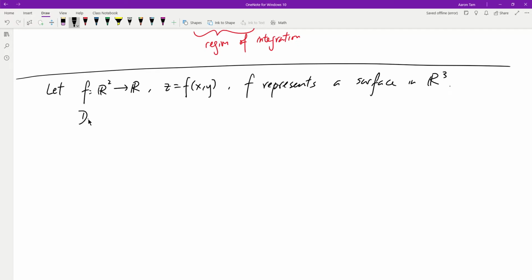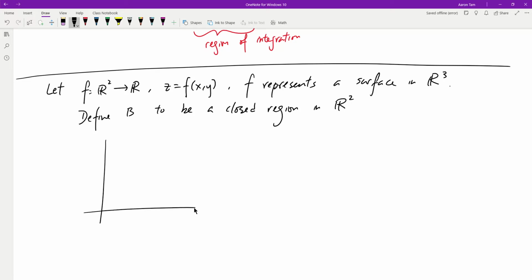Let's define B to be a closed region in R2. Imagine the following: here's my x, here's my y, that's my xy plane, our R2. We can define some region B, which is enclosed. If I now take the integral of this, we refer to it as a double integral.